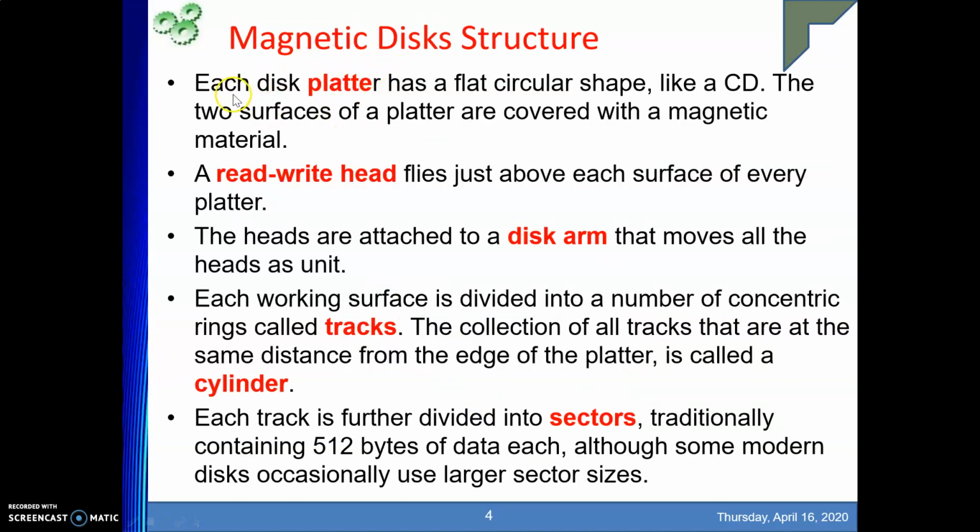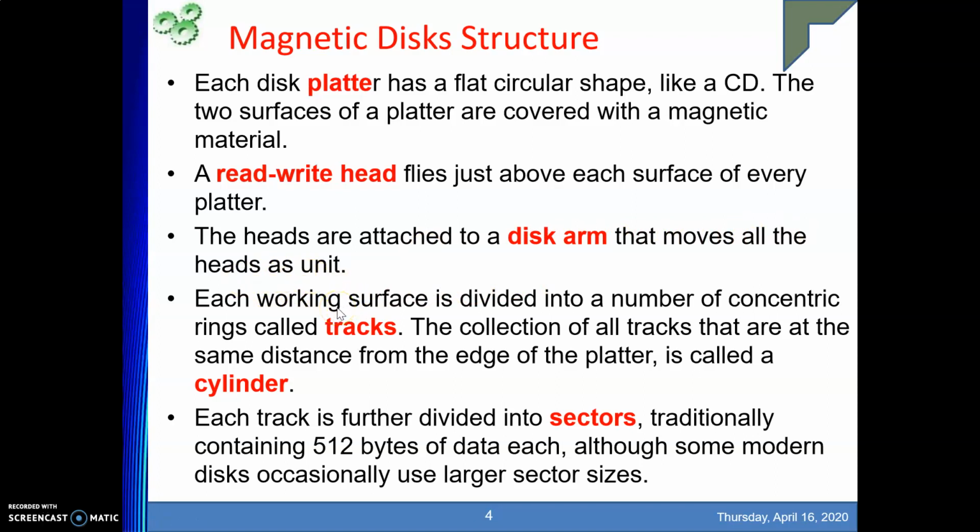Once again, each disc platter has a flat circular surface shaped like a CD. The two surfaces of a platter are covered with a magnetic material. That means in a platter, on both sides we can store information. A read-write head flies just above each surface of every platter. The heads are attached to a disc arm that moves all the heads as a unit.